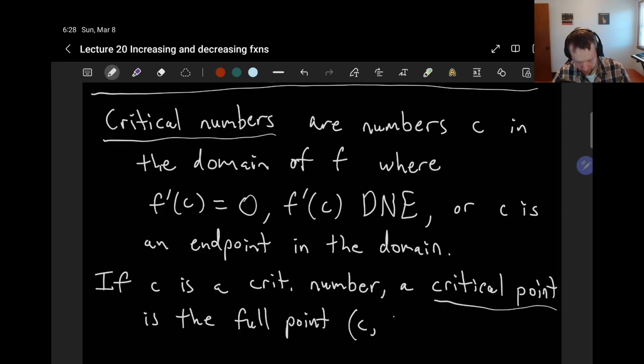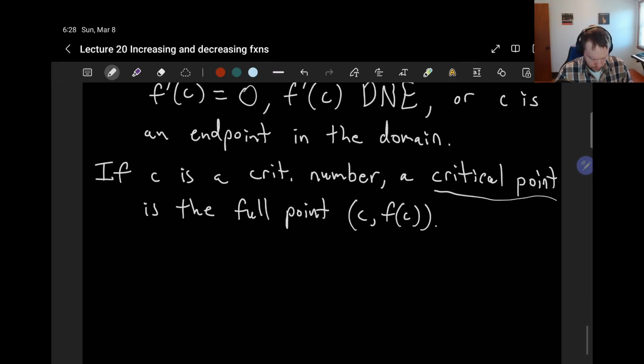So c as the x value, and then f of c as the y value. Okay.